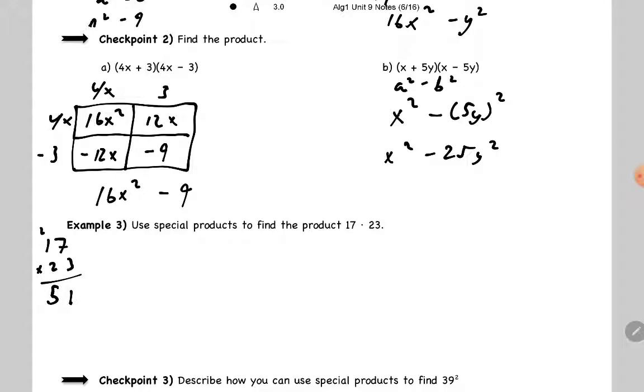And then you add the 0. 2 times 7 is 14. 1, 2 times 2 is 2. Plus 1 is 3. And we'll get 391.